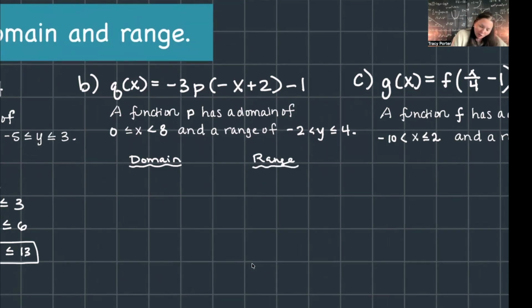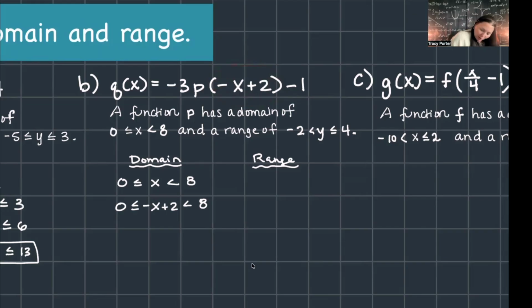So we'll just start with the original domain. Looks like this. Now the new input is actually going to be minus x plus 2. So we're going to put minus x plus 2 in for our input, and then we're going to figure out what that's going to make the new domain be.